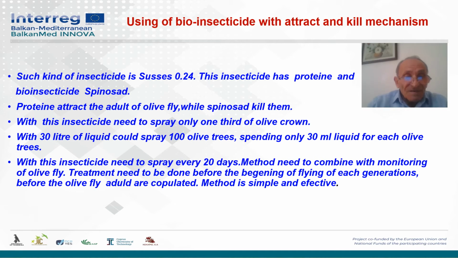With this insecticide, you need to spray every 20 days. The method needs to be combined with monitoring of olive fly. The treatments need to be done before the beginning of laying of each generation, before the olive fly adults are mating, because if they are mating, they are fertile and lay the eggs in olive fruit.